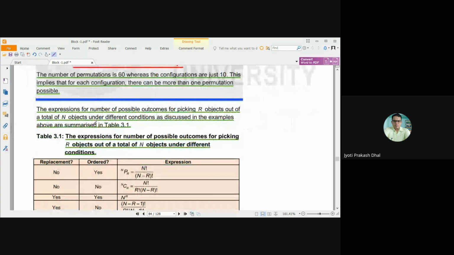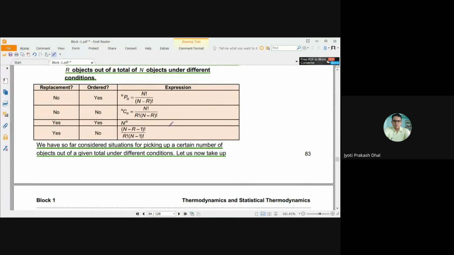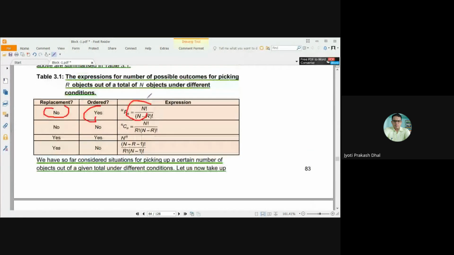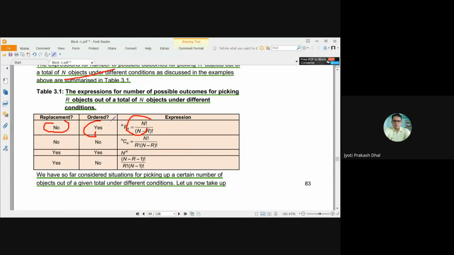The expressions for the number of possible outcomes for picking r objects out of the total n objects under different conditions are as discussed here. So if the replacement is no and it is ordered, this is the expression. So total n objects will be there, and here we will be picking r objects.